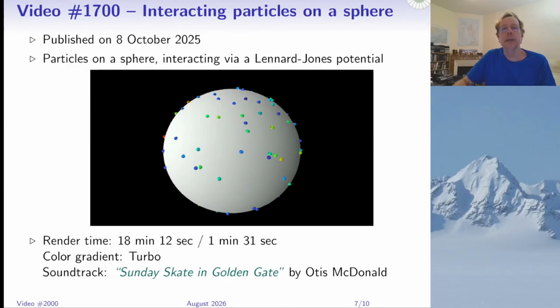The render time was 18 minutes for the 3D version and 1.5 minutes for the 2D version. That's because my way of rendering 3D is maybe not optimal, so it takes some time to compute. The color gradient is Turbo, and the soundtrack is Sunday Skate and Golden Gate by OtisMacDonald.